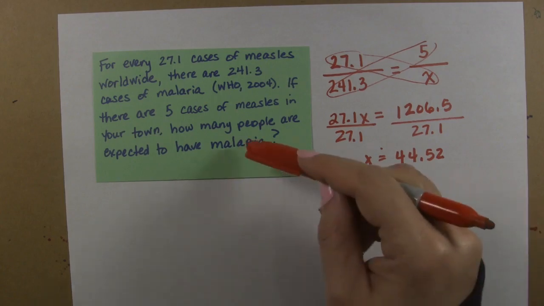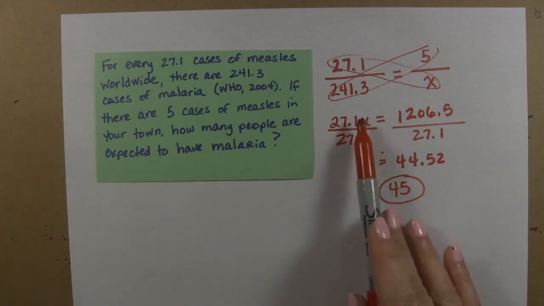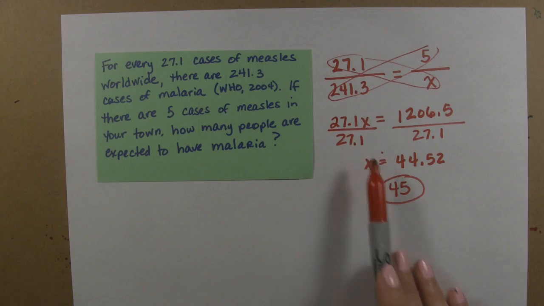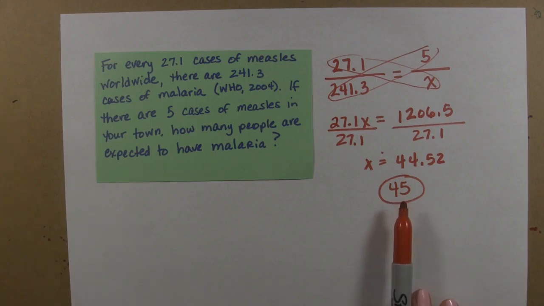Because we know that there are extenuating circumstances here, right? Like, for instance, malaria is not very common in the United States. Really not very common in the state of Minnesota. So it would be incorrect for us to say that simply because this is true worldwide, it's also going to hold true in our little town. No, you cannot make that leap.